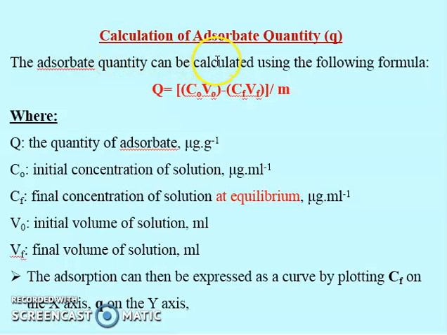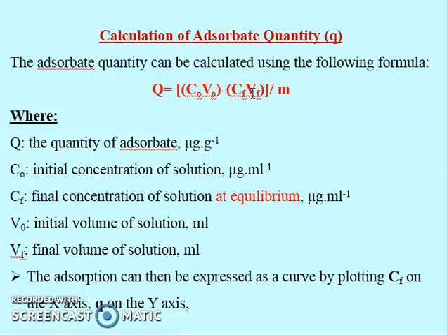How do we calculate the adsorbate quantity, or adsorption quantity? You can easily calculate it if you have the initial concentration in solution; the volume will be constant on both sides. But if the volume is different, you have to multiply the volume by the concentration, minus the final concentration in solution multiplied by the volume.